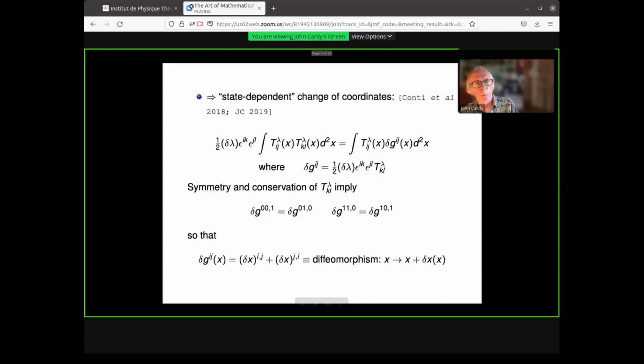But the point of view that I wish to pose you here is that the T-Tbar deformation is equivalent to a state-dependent change of coordinates.